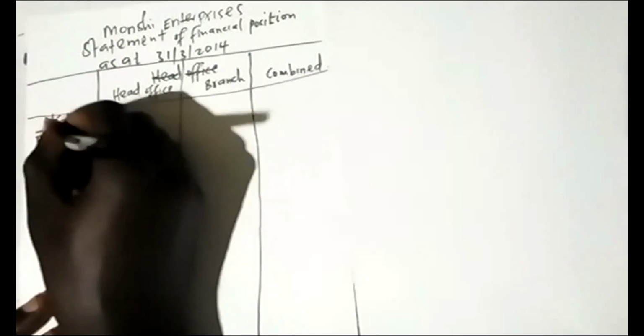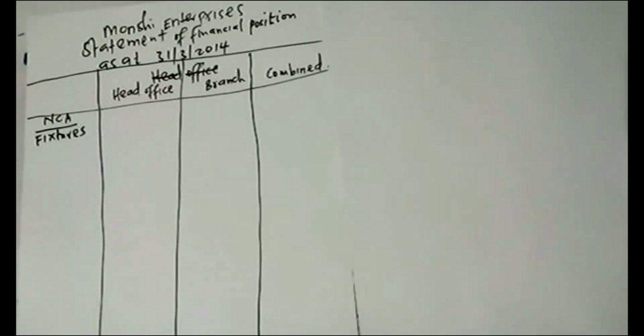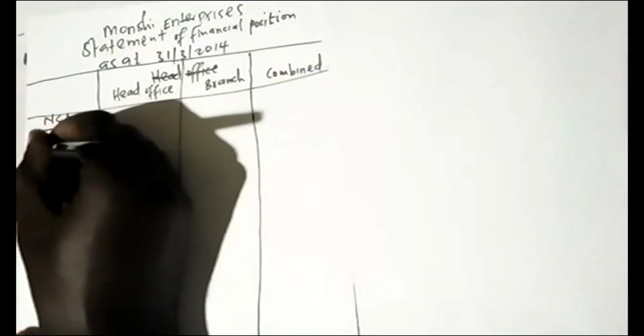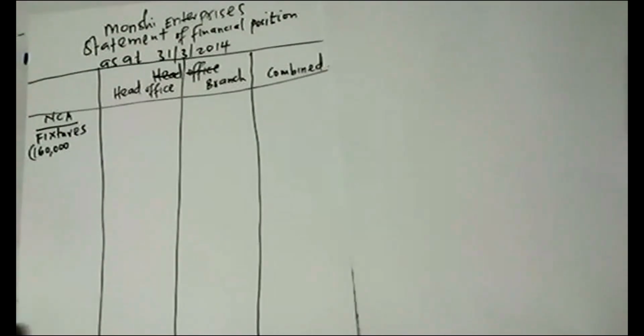So we have fixtures in Nairobi. So remember that from the trial balance, you are given 160,000. There was a depreciation, which we already computed. So you take the 160,000 minus the depreciation.